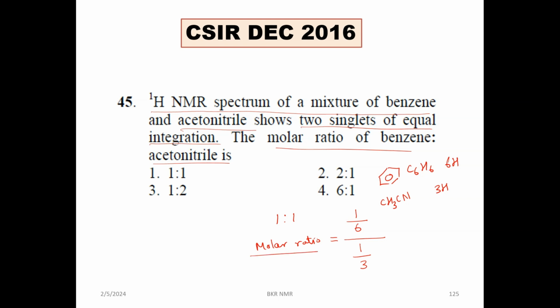So it is 1 by 6 into 3 by 1. So it is 1 by 2. So the answer is 1 is to 2. Very easy. Option 3.